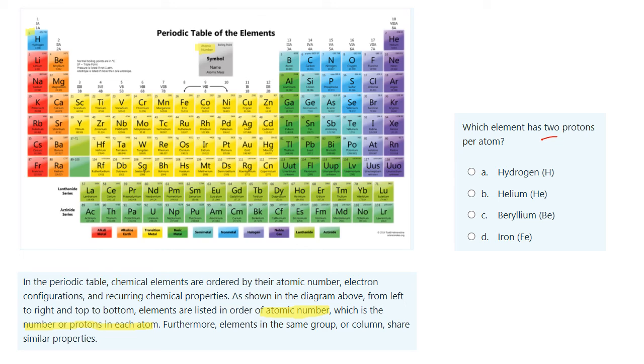Hydrogen has 1, helium has 2, beryllium has 4, and iron, Fe, is here with 26. So the number 2 is on this one, on the helium. So the correct answer is B. It is helium.